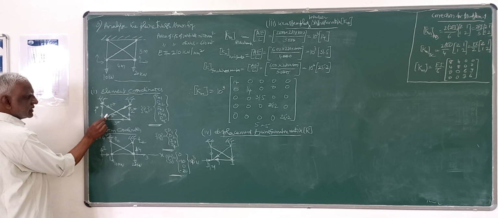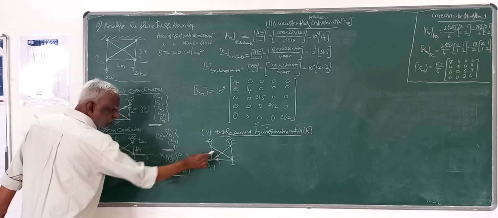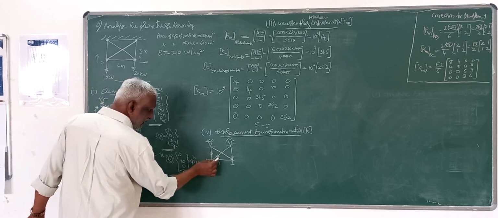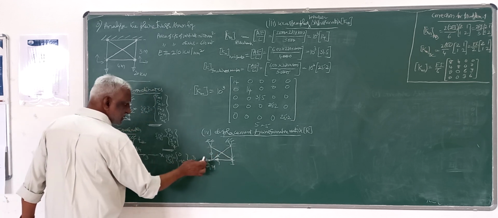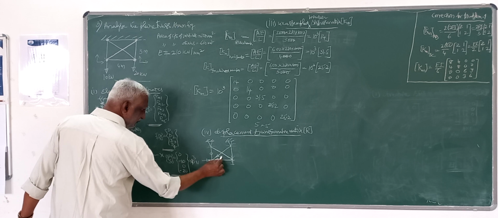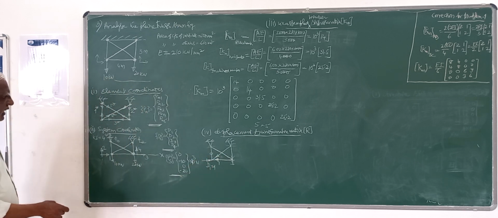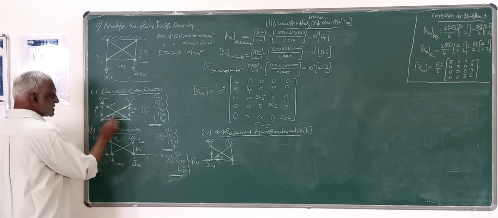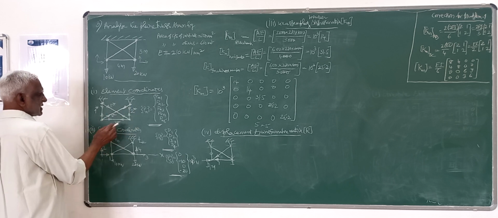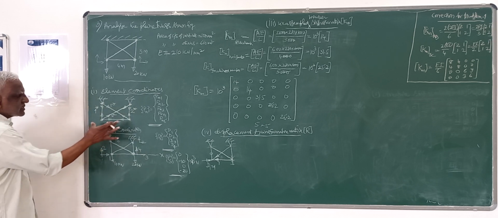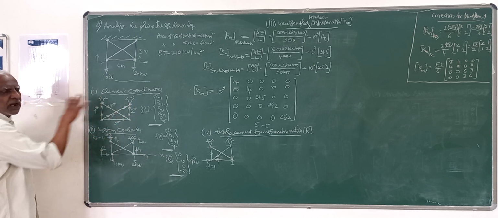So that means for this fourth member, force has to be in that direction, and that is the cosine component of this. If theta is the angle, then it is cos theta. Cos theta is adjacent side by hypotenuse.